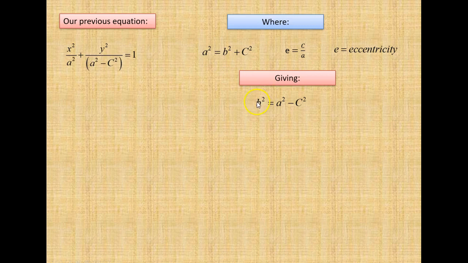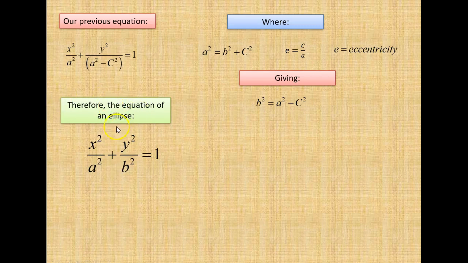From our Pythagorean theorem, a squared equals b squared plus c squared. If we move c squared to the other side, then we have b squared is equal to a squared minus c squared. Well, here in our equation, a squared minus c squared, therefore that's equal to b squared.